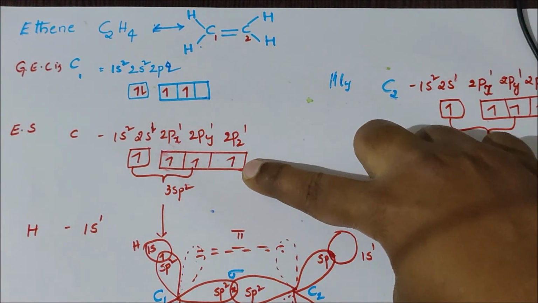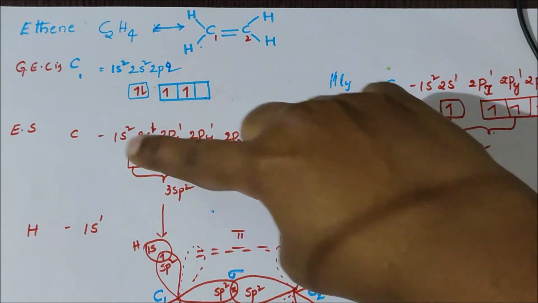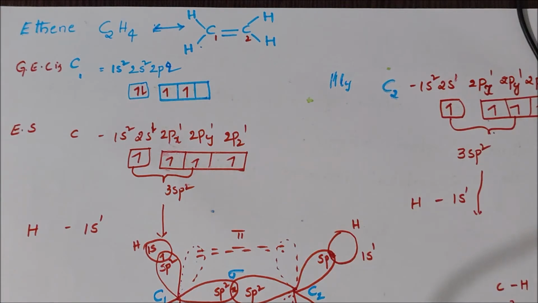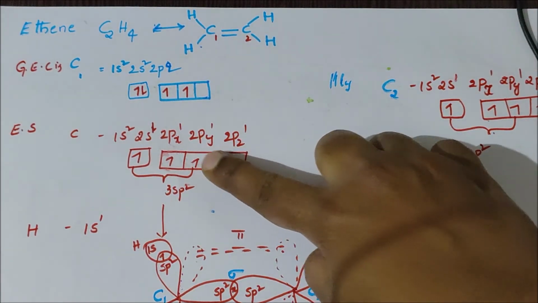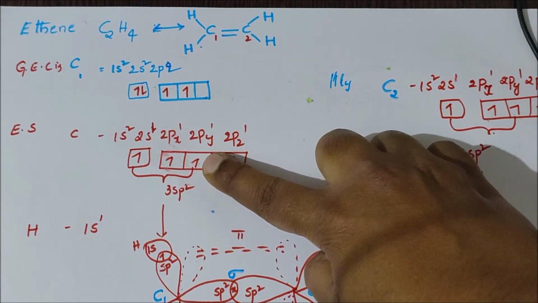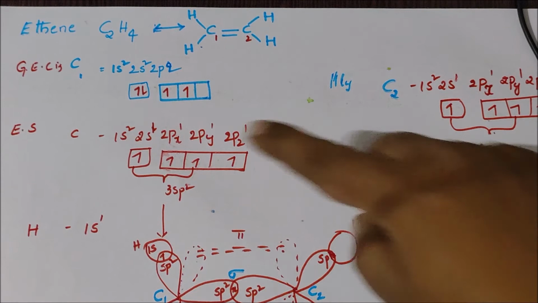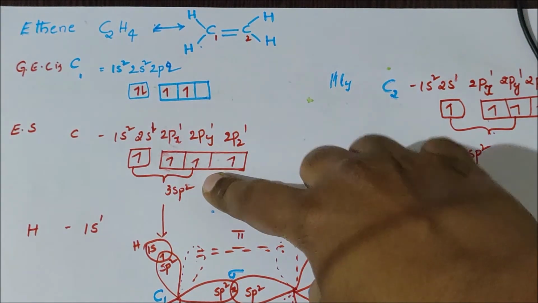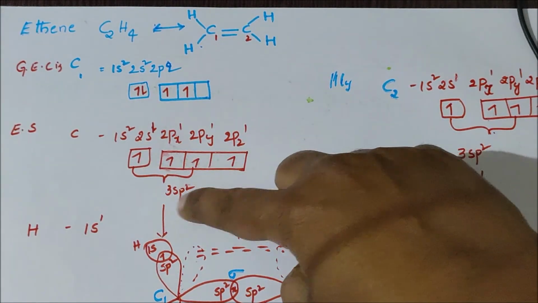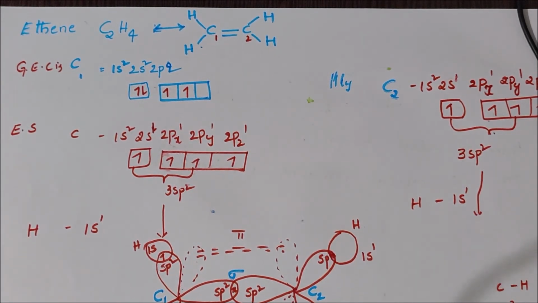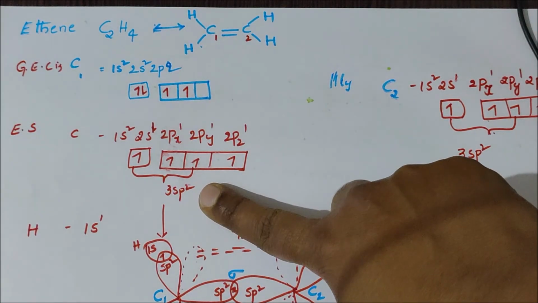In this excited state, the electron in the 2s orbital and the electrons in the px and py orbitals intermix to give 3 sp2 hybrid orbitals. This phenomenon is called sp2 hybridization.